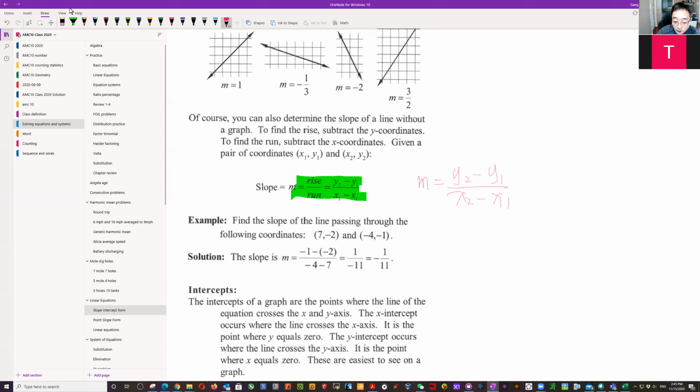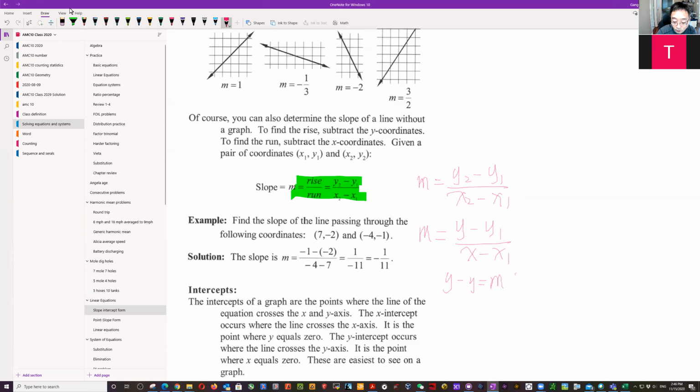If I replace x2 and y2 with just x and y, getting rid of the subscripts, you will get y minus y1 over x minus x1. If you multiply x minus x1 on both sides, you get the point slope form right away.